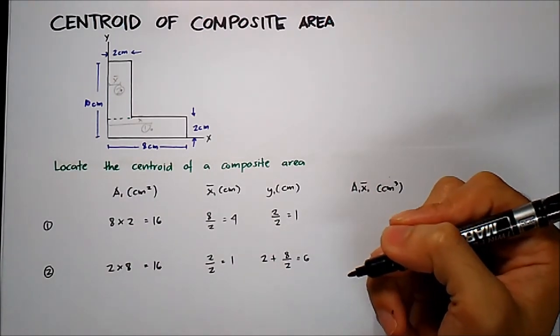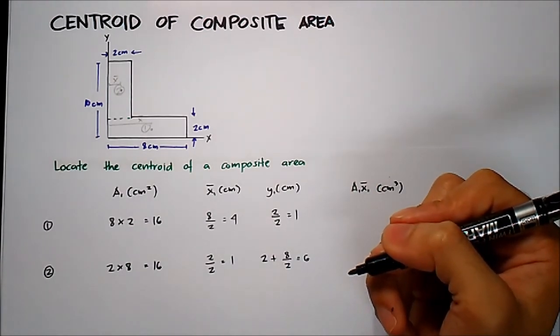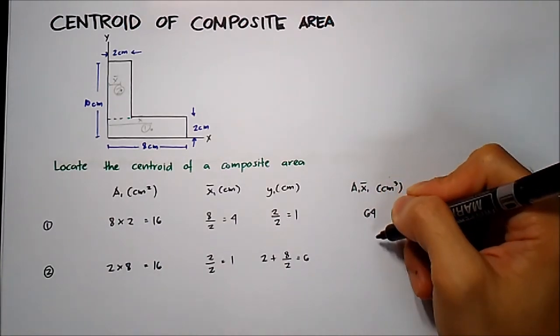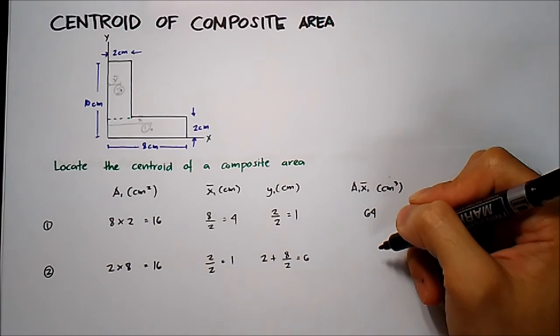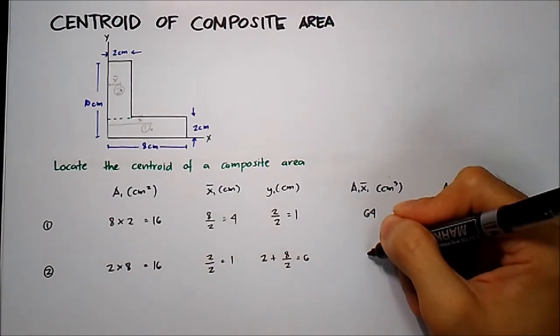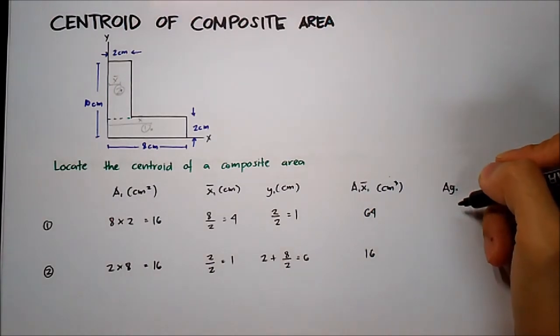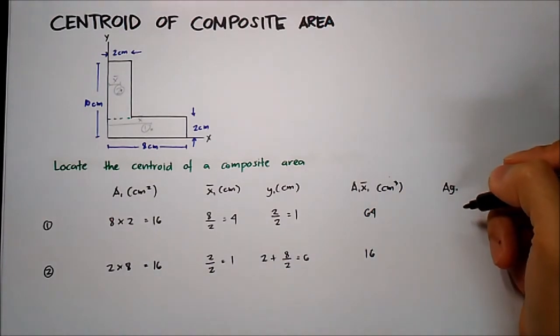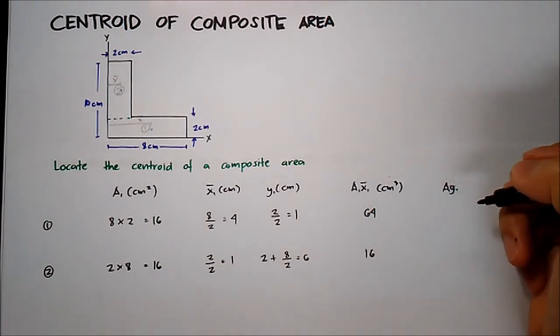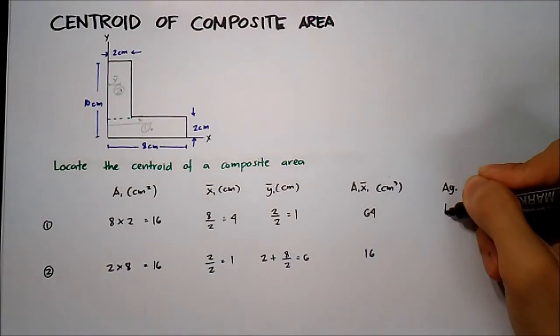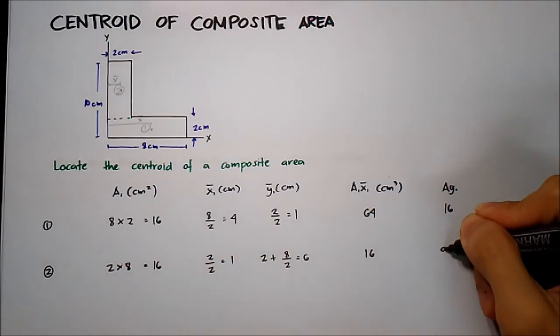Multiplying the individual area with its centroid, we get 64. 16 times 1 is equal to 16. Multiplying the individual area by the y bar, we get 16 and 96.